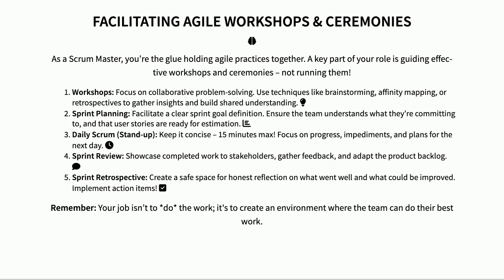Keep your daily scrums short and focused, 15 minutes tops. The sprint review is all about showcasing what's been done and getting feedback. And finally, the sprint retrospective. This is where the magic happens. It's a safe space for honest reflection and planning for improvement. Ultimately, you're there to create an environment where the team can thrive and deliver great results.